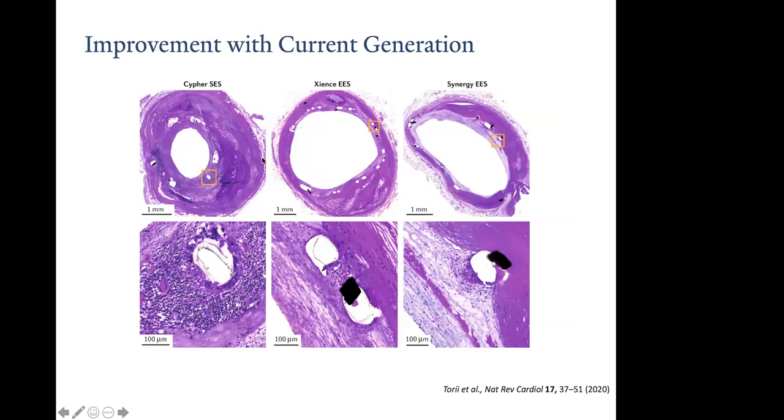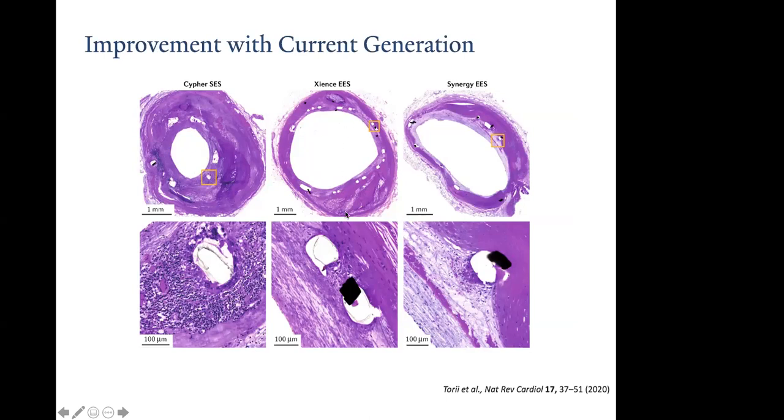So current generation stents have really been outstanding in terms of the clinical outcomes that we look for, and this was driven by clinical events with bare metal stents and early generation drug-eluting stents. If you look at a Cypher stent that had very thick struts, you have a significant inflammatory response around the stent.